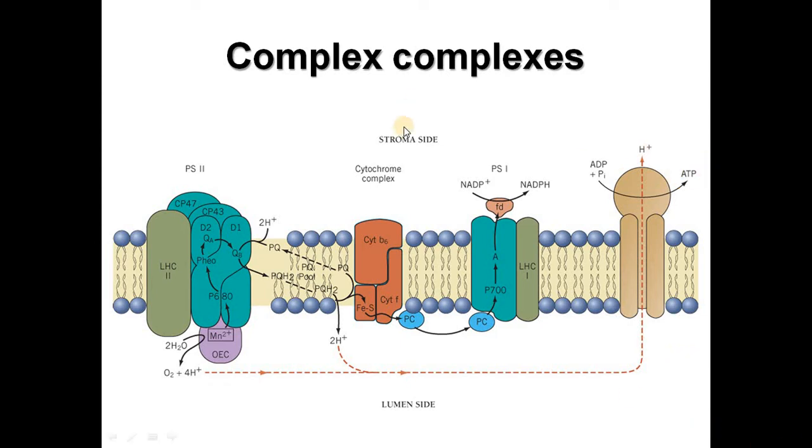What you see here is the stroma side inside the chloroplast, and this is the lumen side inside one of the grana. It's called an electron transport chain because electrons are being shuffled through a series of transmembrane proteins.